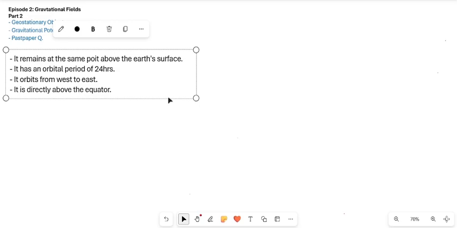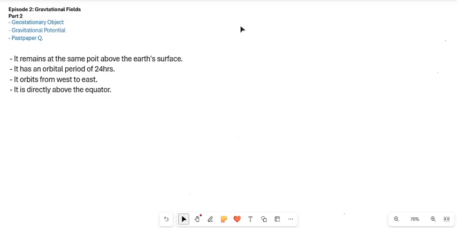Now, before we move on towards a more important topic, gravitational potential, there is a very small minor thing written in the syllabus, that is small changes in height. For that, I will draw a graph.